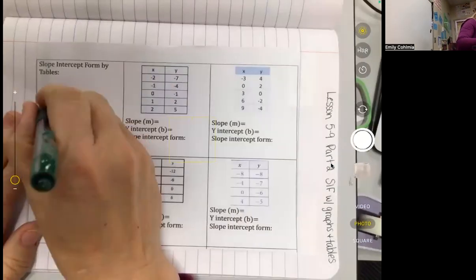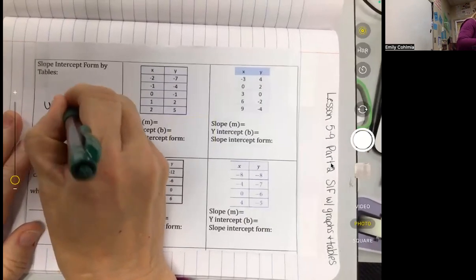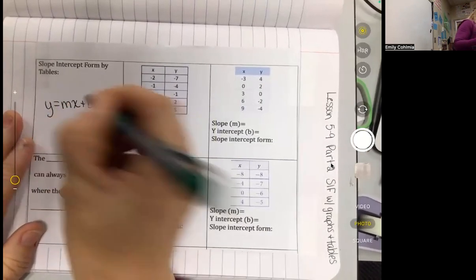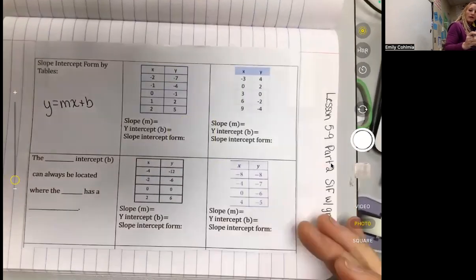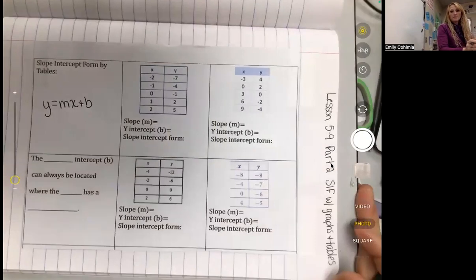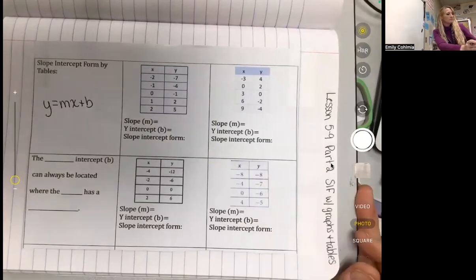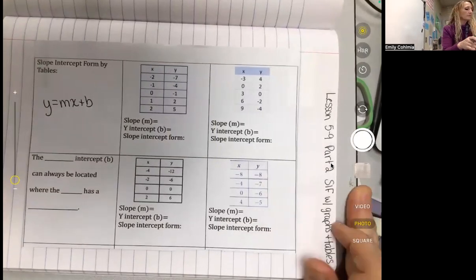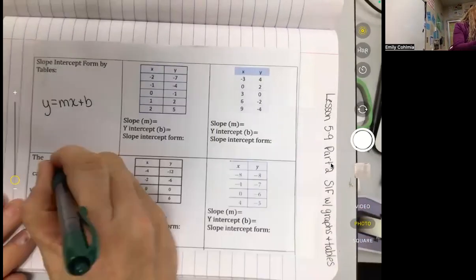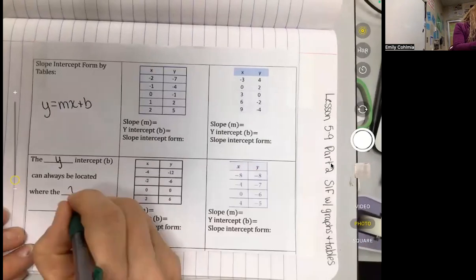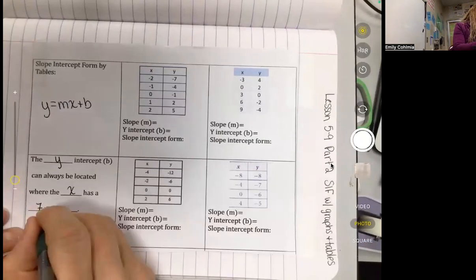First of all, slope-intercept form, remember, is y equals mx plus b, where m is the slope and b is the y-intercept, and x and y are the coordinate pairs. So the y-intercept can always be located where the x has a 0.